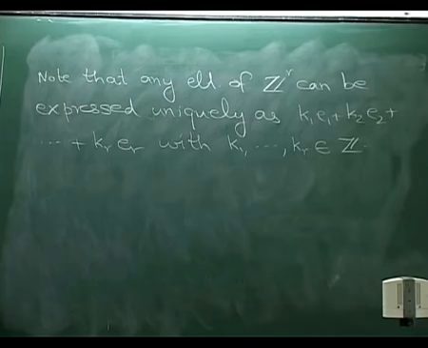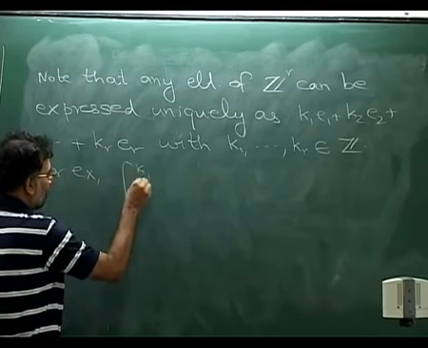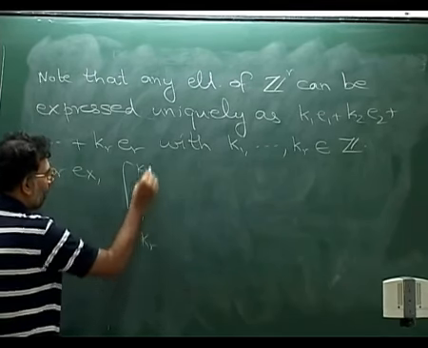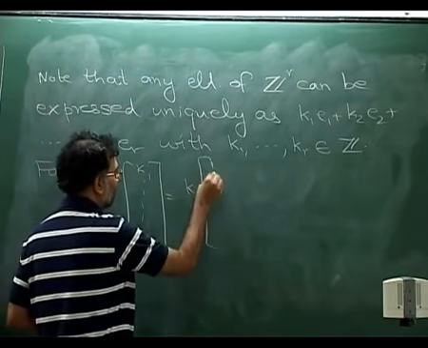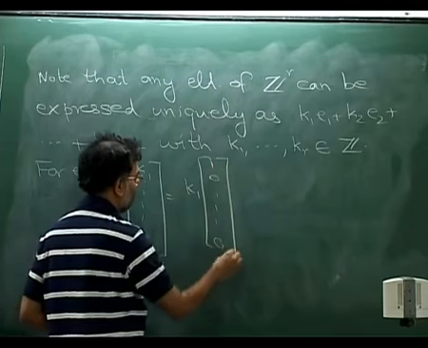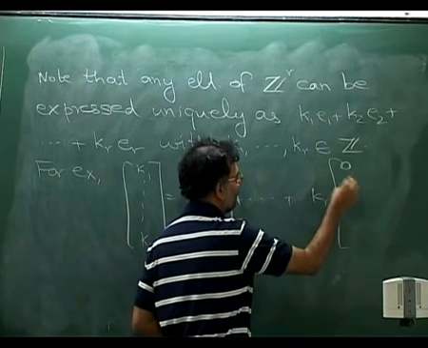And as I said, the way you do that is, for example, this element is an arbitrary element of Z^R and you can write it only this way as K1 times E1 plus ... plus KR times ER.